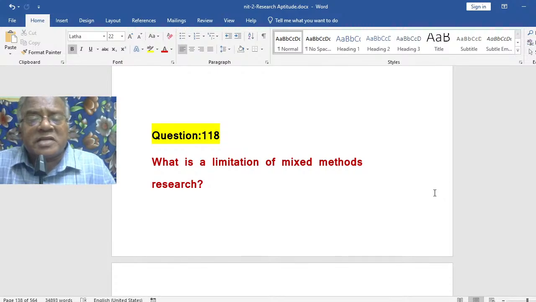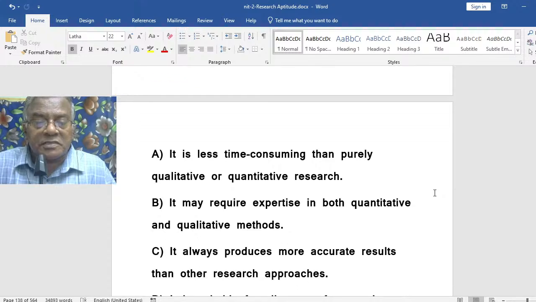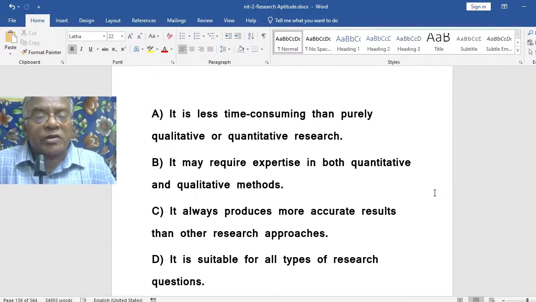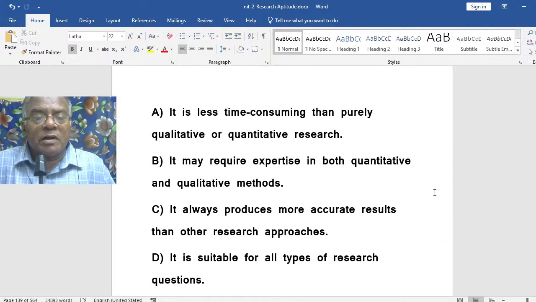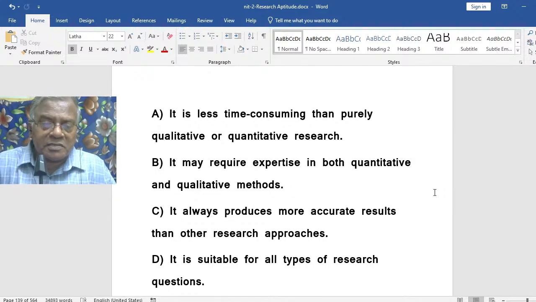What is the limitation of mixed methods research? Out of these four, which is the correct one according to you? So option B, it may require expertise in both quantitative and qualitative methods.